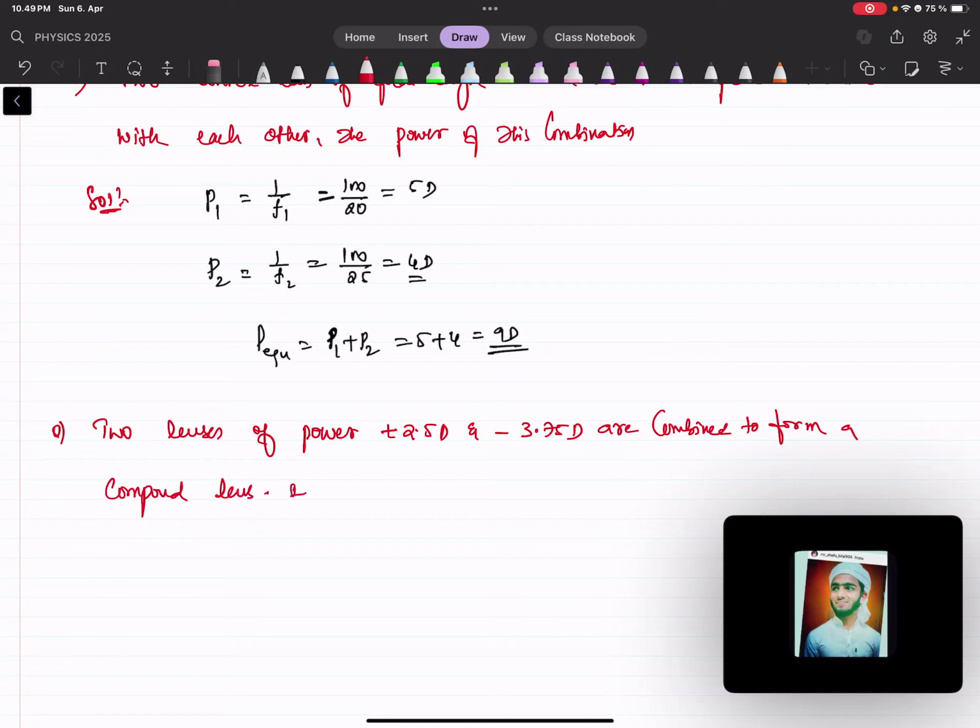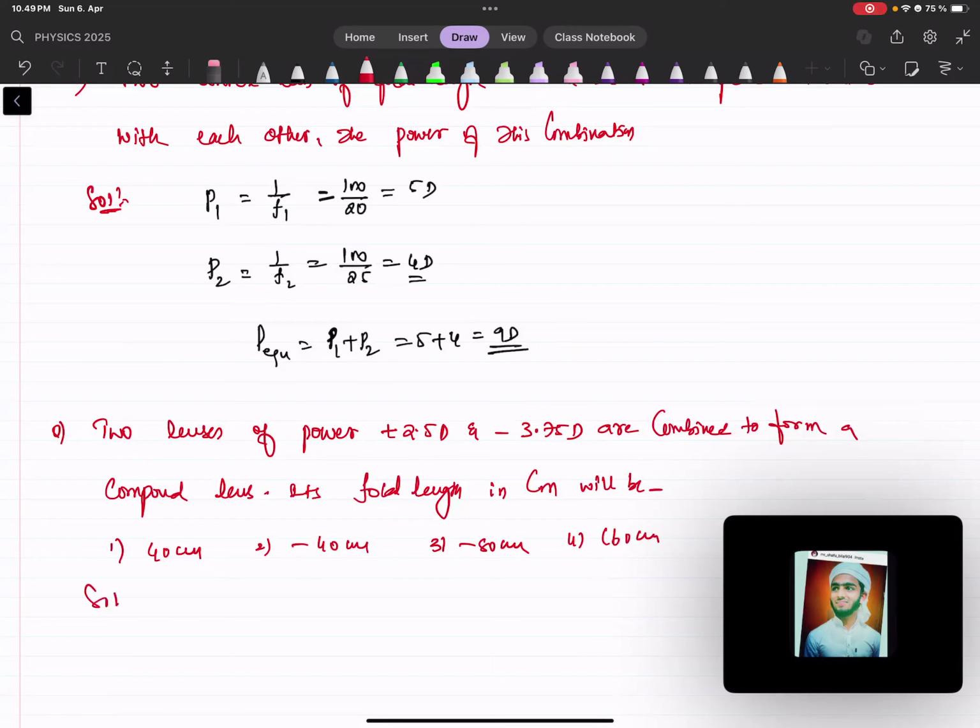Okay. Its focal length in centimeters will be how much? First option is 40 centimeter, minus 40 centimeter, minus 80 centimeter and 160 centimeter. So tell me the answer.